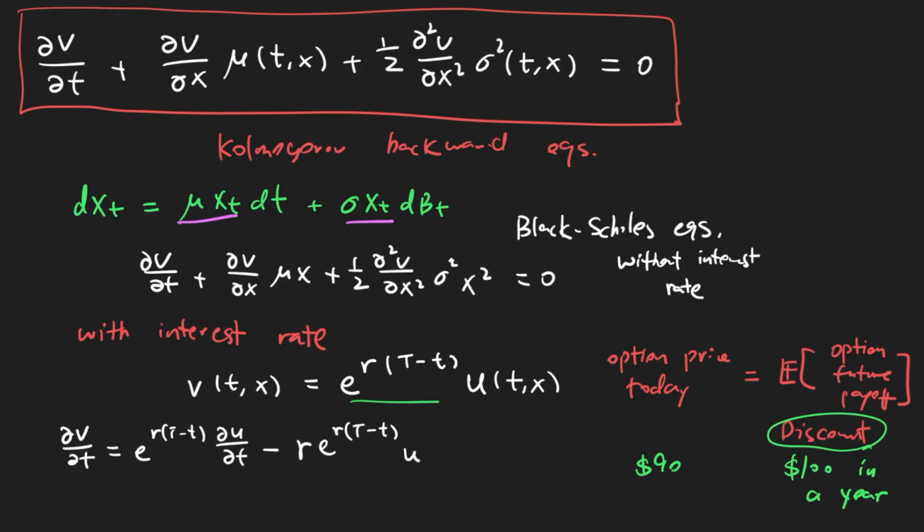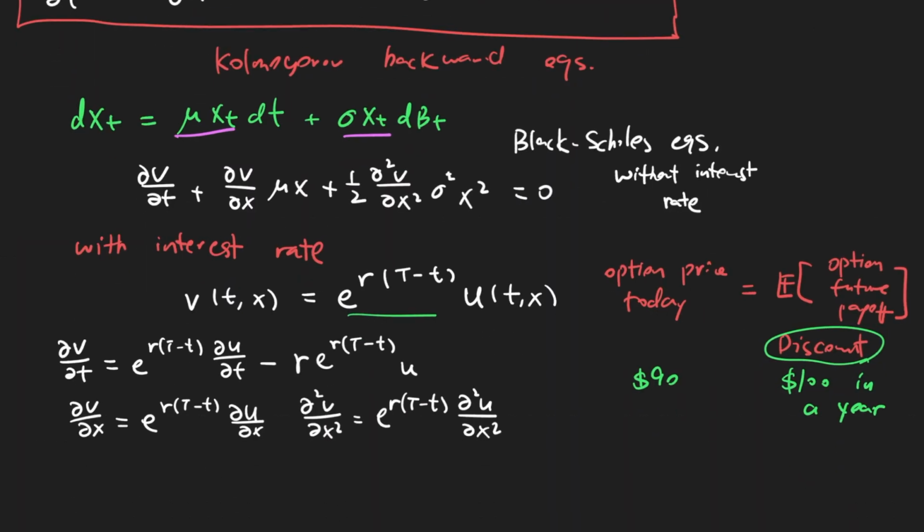And then partial v with partial x just equals to e to the r(T minus t) times partial u partial x, and then the second derivative equals to e to the r(T minus t) times the partial square u partial x square.